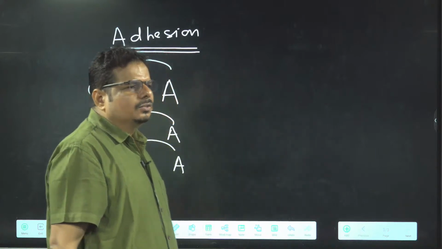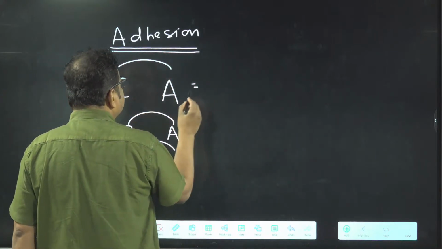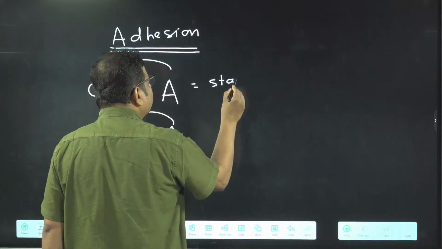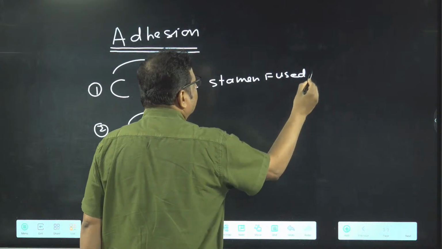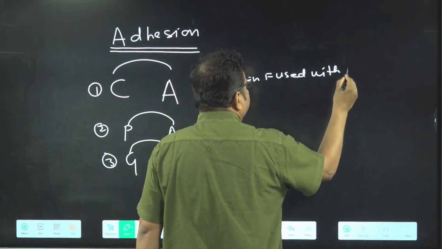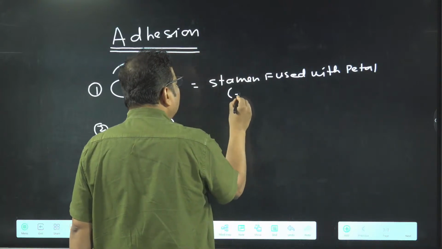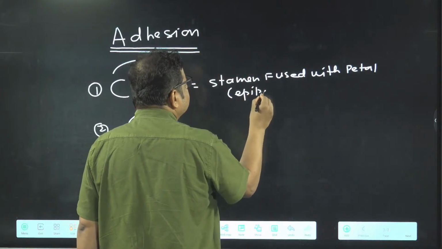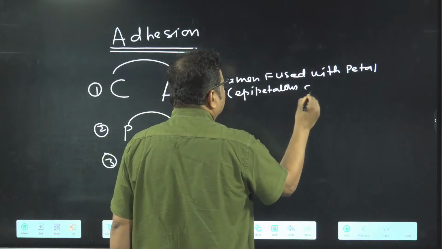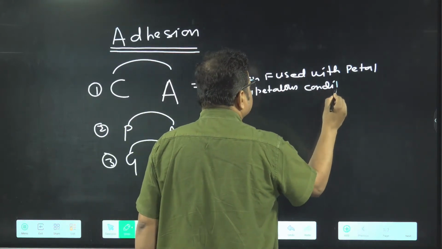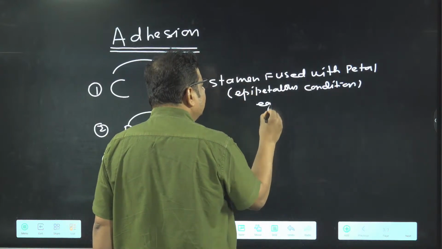Got the idea? So here what we are finding? First condition, stamen fused with petal. And that condition we call epipetalous condition. And very good example of epipetalous condition is which one?